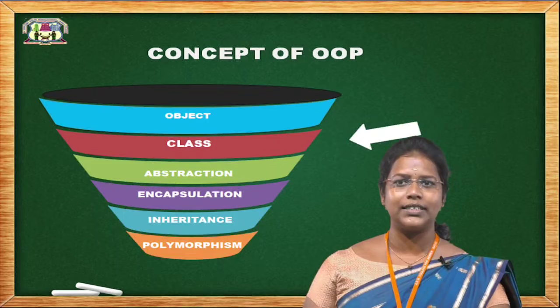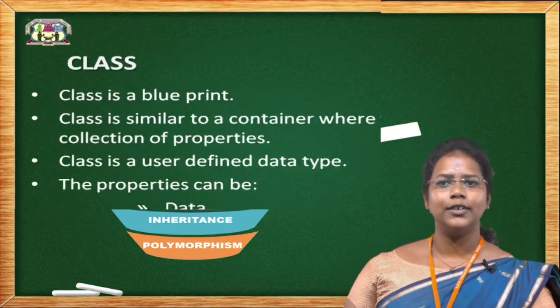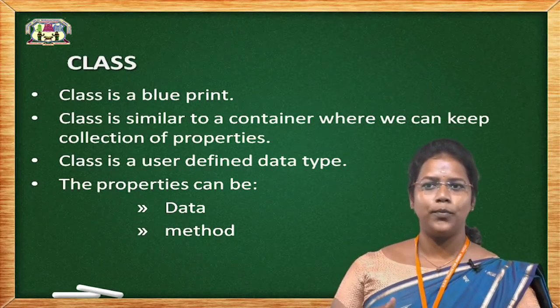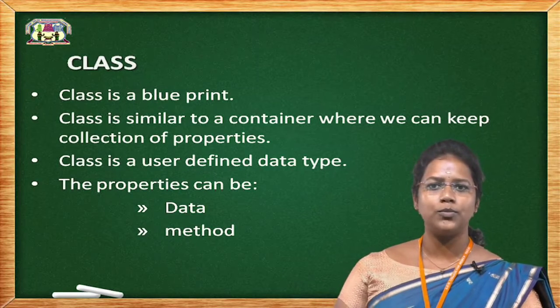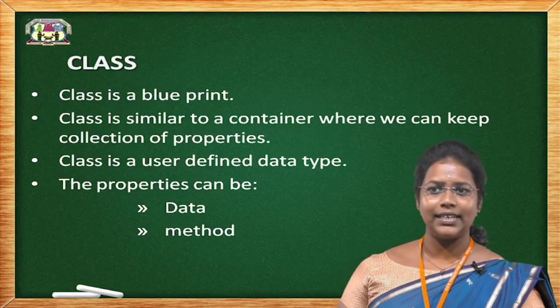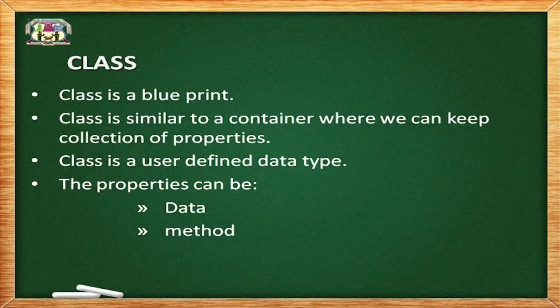So the next topic is class. Class is a blueprint. It means it can be considered as a blueprint using which objects are created. Class is similar to a container where we can keep a collection of properties. These properties are also known as members of the class.